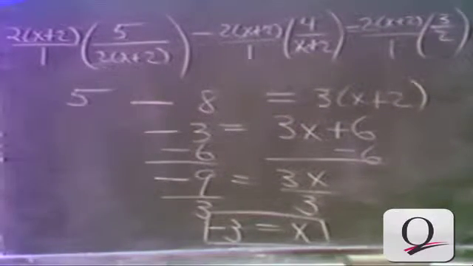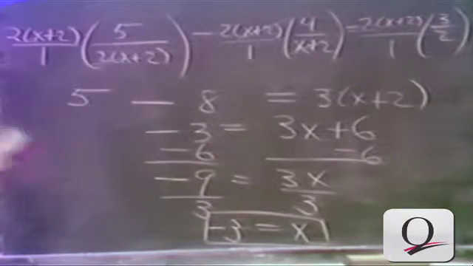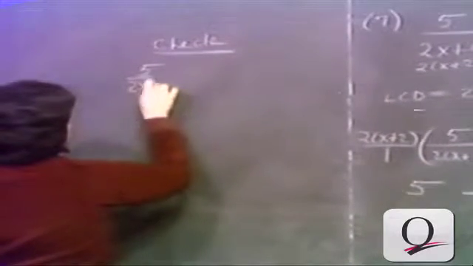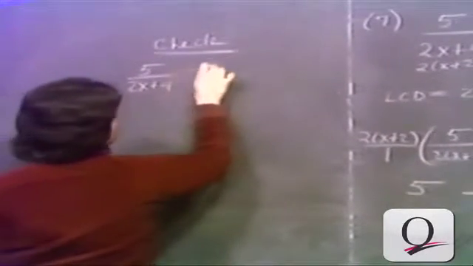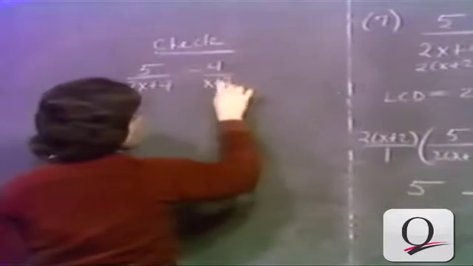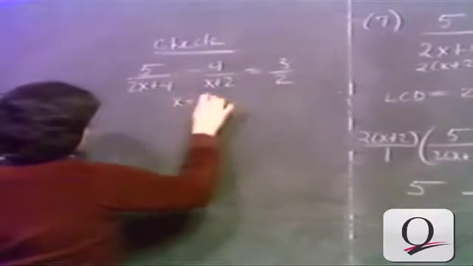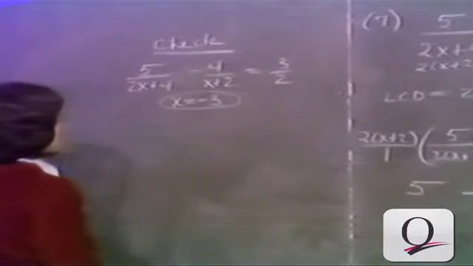And let's check our answer. It was 5 over 2x plus 4 minus 4 over x plus 2 equals 3 halves. And we're checking x equals minus 3.